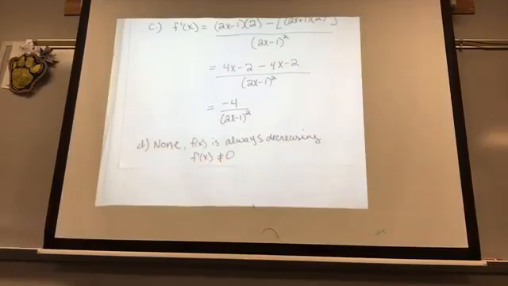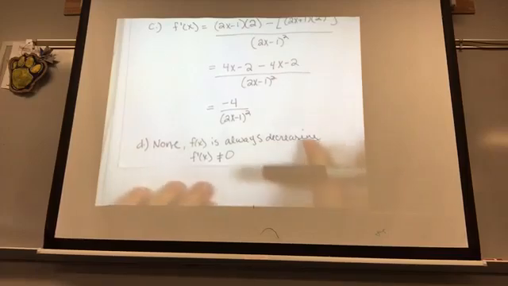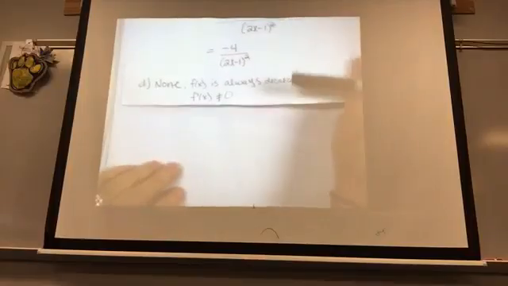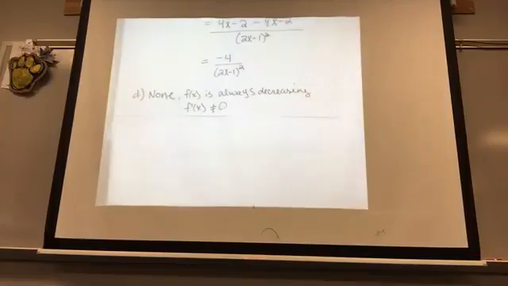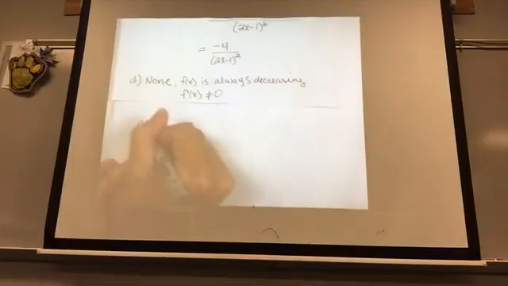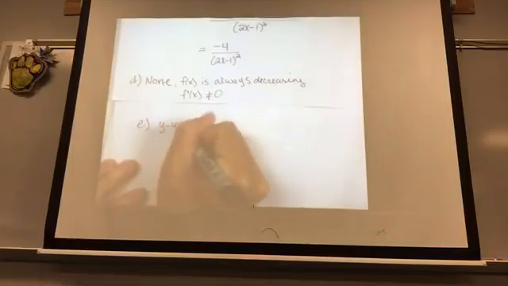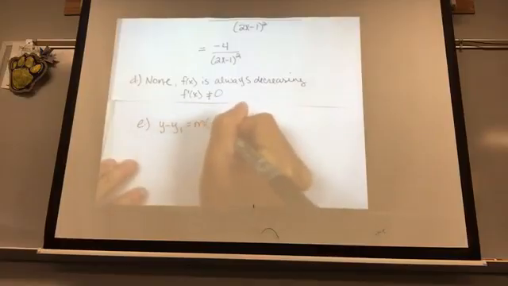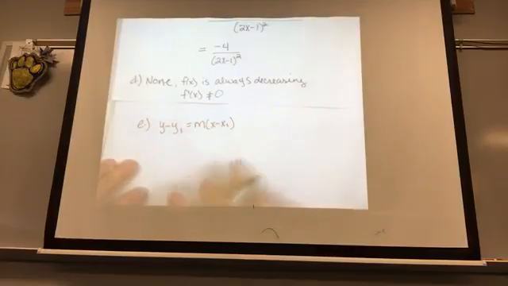Alright, part E says write the equation of the line tangent to the graph of f of x at the point where x equals 1. So I'm writing the equation of the tangent line, so I know I need y minus y1 equal to m times x minus x1.